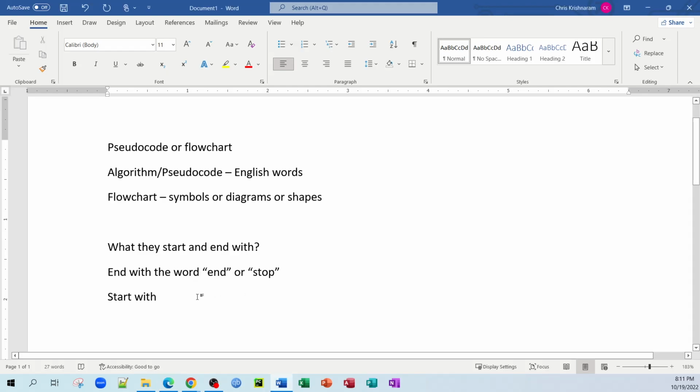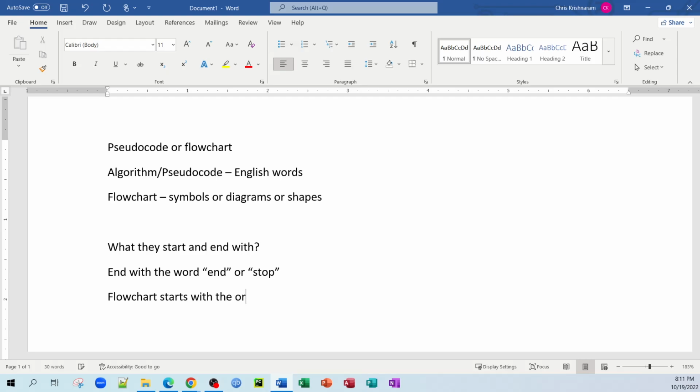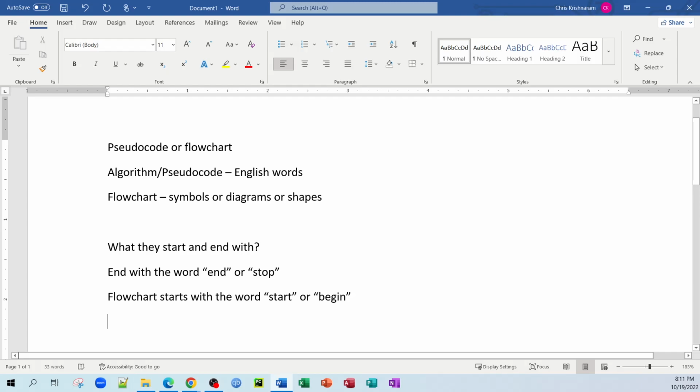So the flowchart starts with the word start or begin. But what is the algorithm? What does the pseudocode start with? They start with something different. What do they start with? So they start with the word pseudocode and algorithm.